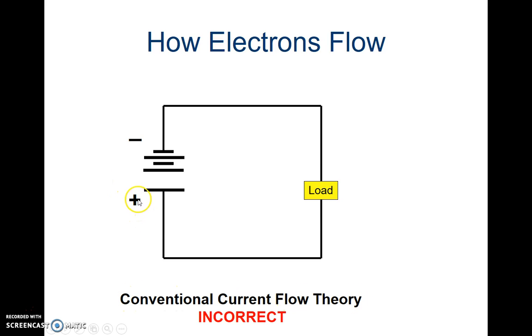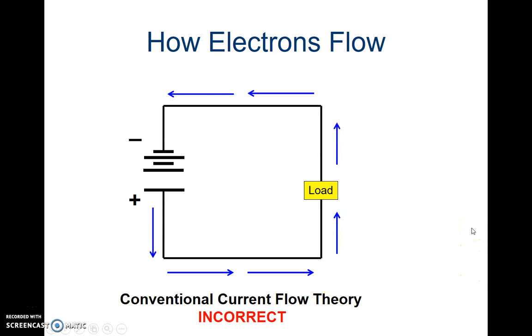This basically stated that we thought electrons in a circuit started at the positive end of the battery, or whatever the source was, and moved around the circuit to the negative end. Okay? We found that that is incorrect. That is incorrect. It does not go positive to negative. Conventional current flow theory is incorrect.